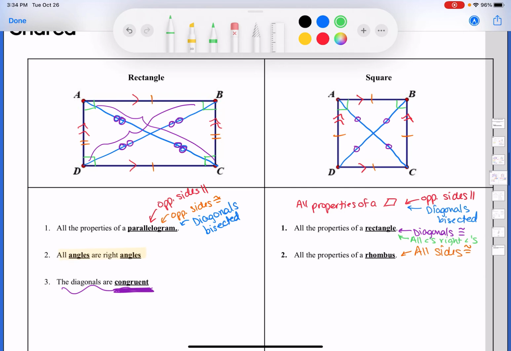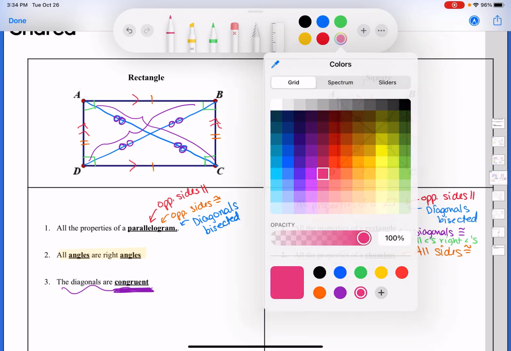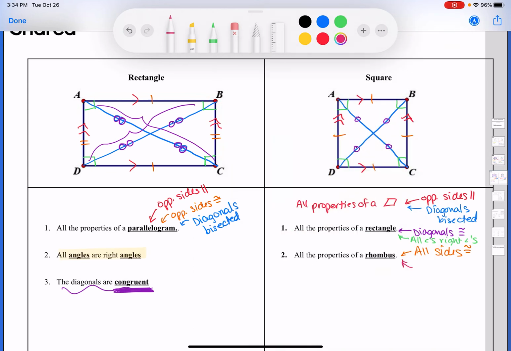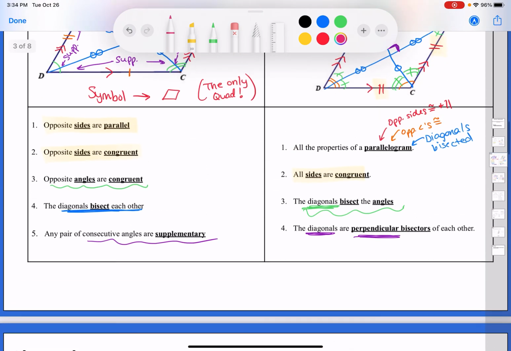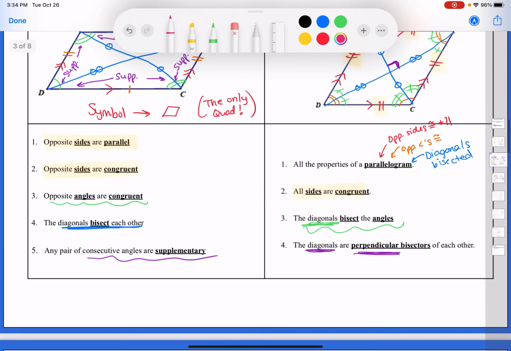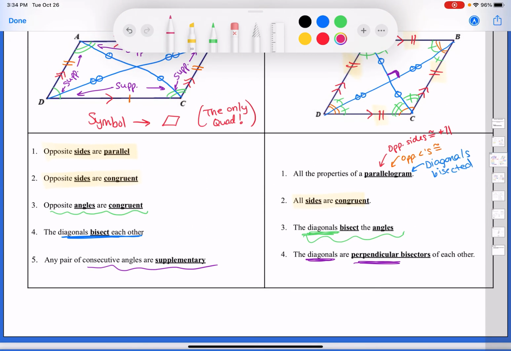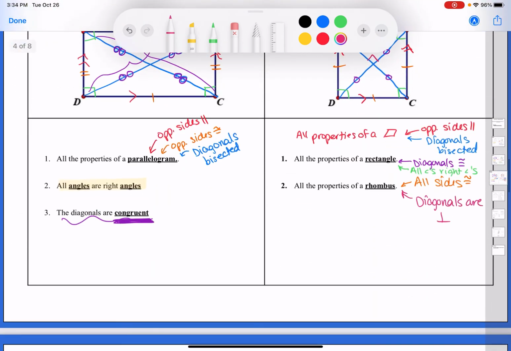So all the corners here are right angles. Because I know it's a rhombus, I know that the diagonals are perpendicular bisectors of each other, right? So the diagonals are perpendicular. Since I already know they're bisected from the parallelogram, I also know that they're perpendicular because it was a rhombus. Oh, and the diagonals bisect the angles because that was part of a rhombus as well.